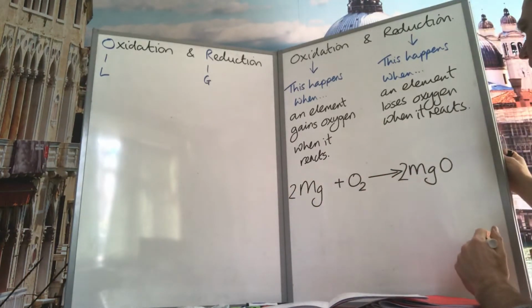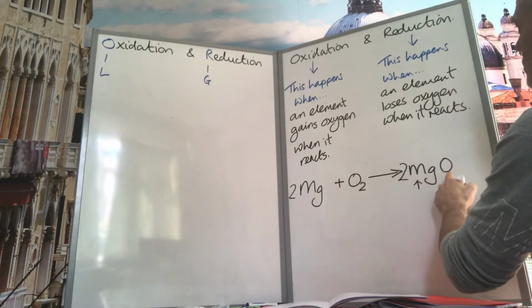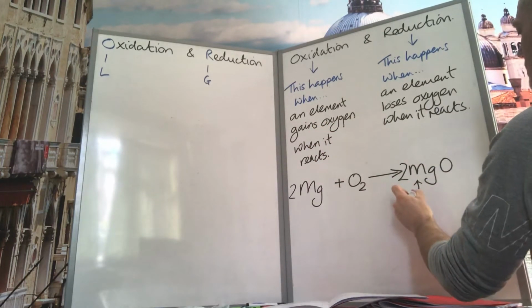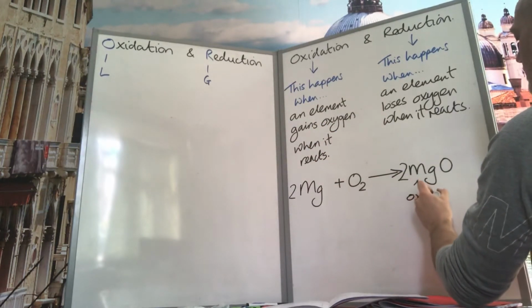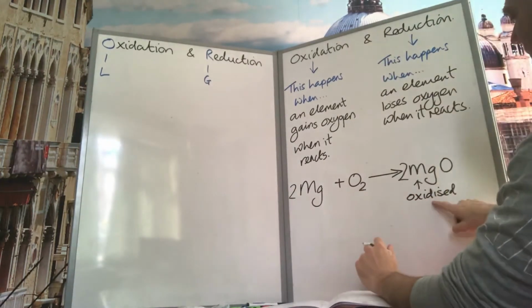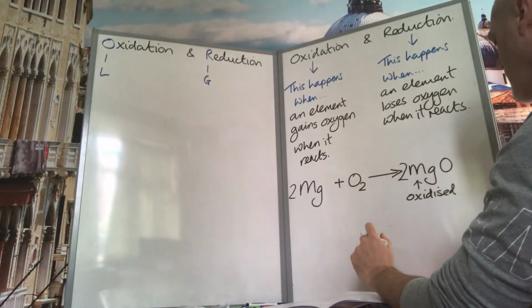Okay, in this case, magnesium has been oxidized, yeah, because it's gained oxygen. So it happens when the element gains oxygen. So oxidation is the process and magnesium has been oxidized, okay? So we just need to get the wording right.